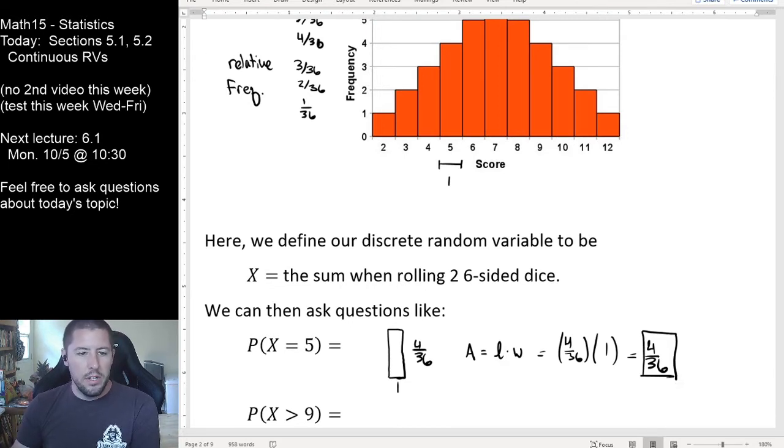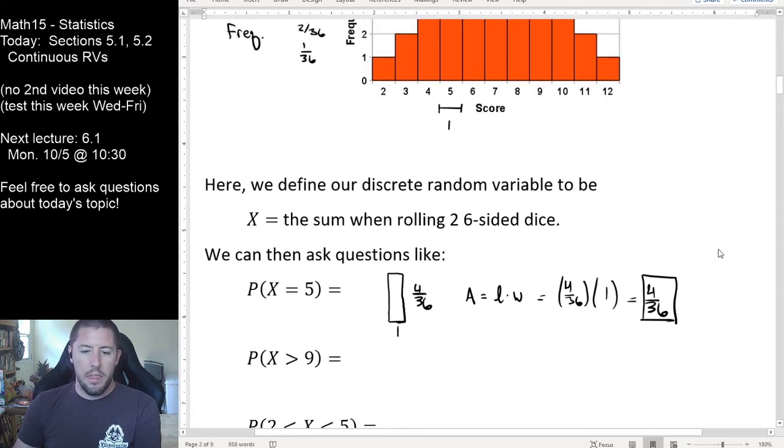So I do think that one of the big takeaways that we should see with this guy here is that the area associated with that particular piece of our graph is exactly equal to the area or the probability of interest. We wanted to know about the probability of seeing 5, and what we instead did is we did some geometry right here, and I literally found the area of the rectangle that is associated with the outcome of 5, and the area was exactly the same thing as the probability right there, the 4 over 36 event that we had previously seen last week there.